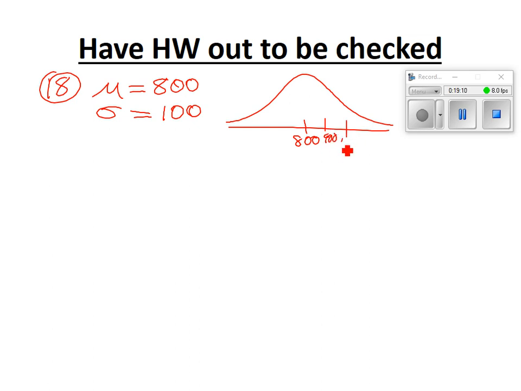The next one, 1,000. Next, 1,100. Going left: 700, 600, and the third standard deviation to the left, 500. So that's what the curve looks like if we were doing the whole population.